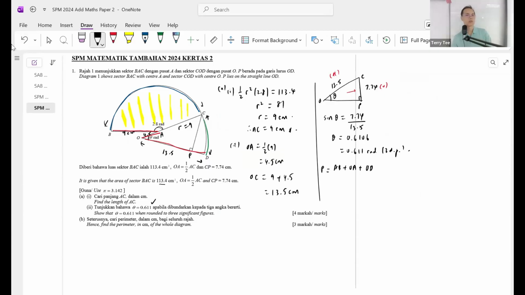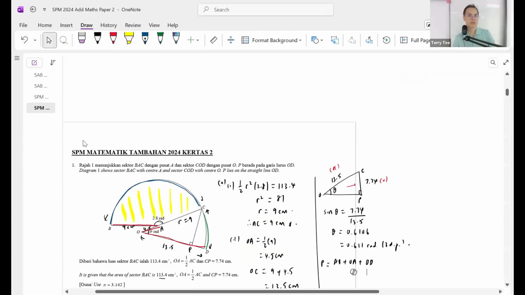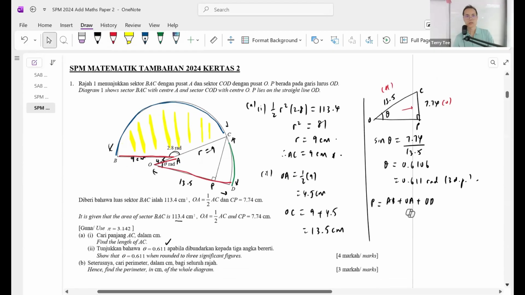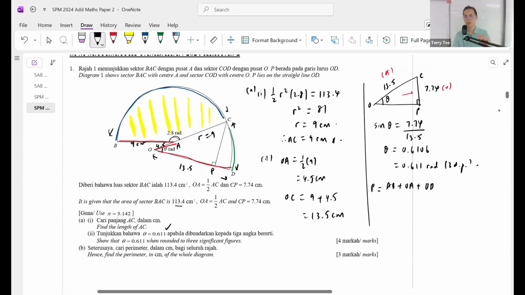Then we add the length of 2 arcs. The first arc will be arc BC. Second arc is arc AD. So your AB is 9, OA is 4.5, plus another 13.5, OD is 13.5.